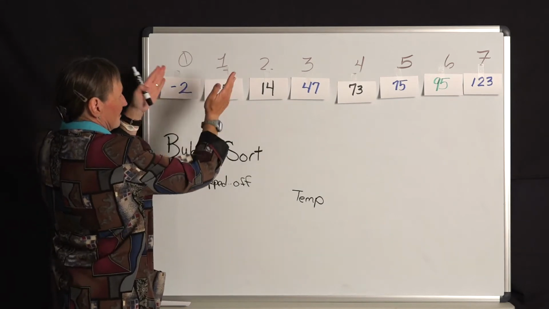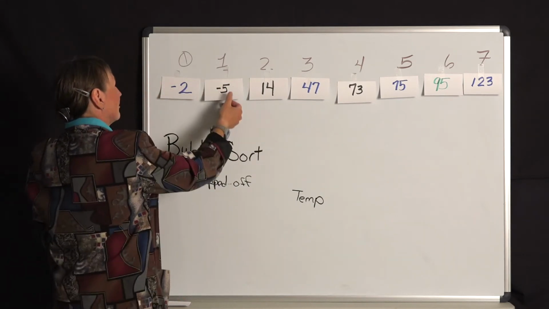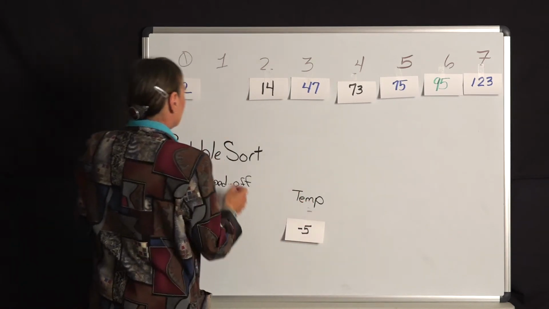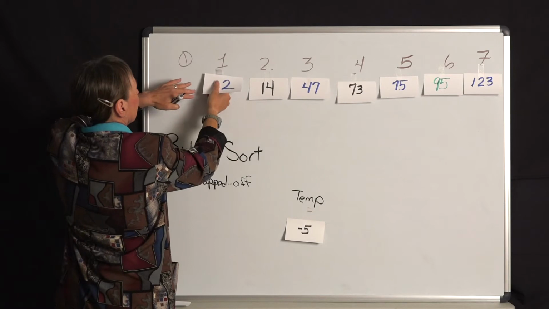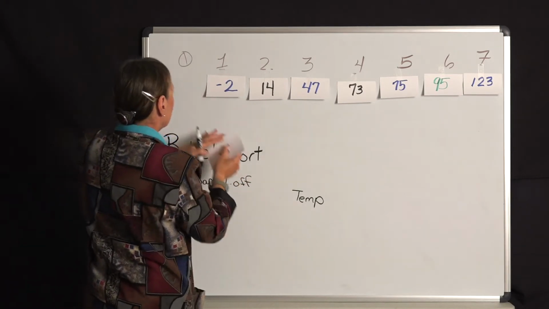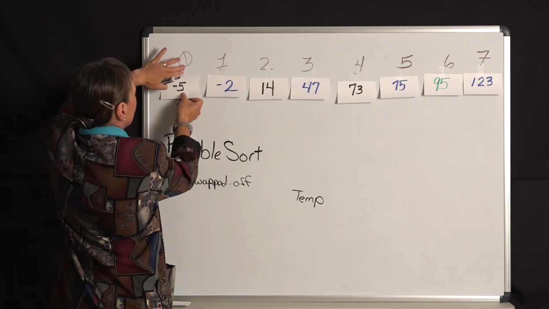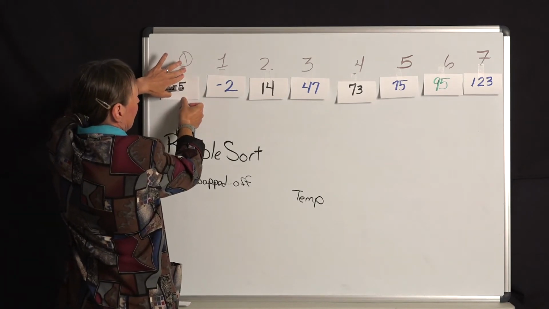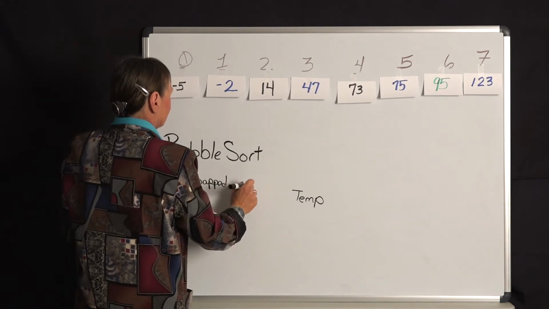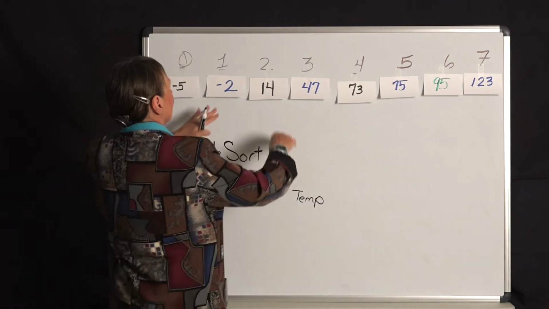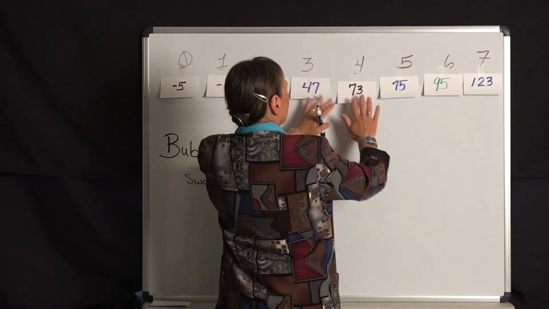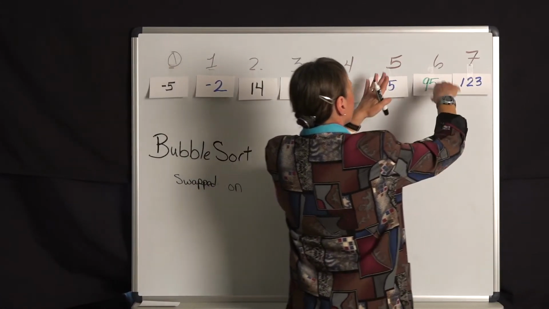Whoops, these aren't in the right order. So we go back, move this to our temporary location, move this back to here, move this here. Okay, so swapped is now on. So we're still good, still good, still good, still good.